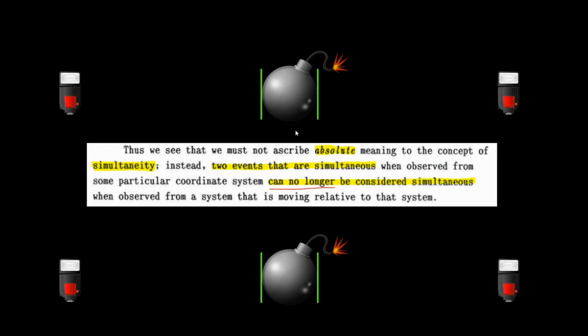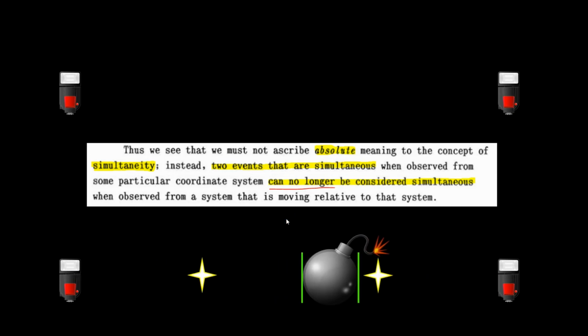Absolutely every time the stationary system is going to see a simultaneous event occur. And absolutely every time this moving bomb will never see those same 2 flashes as being simultaneous.